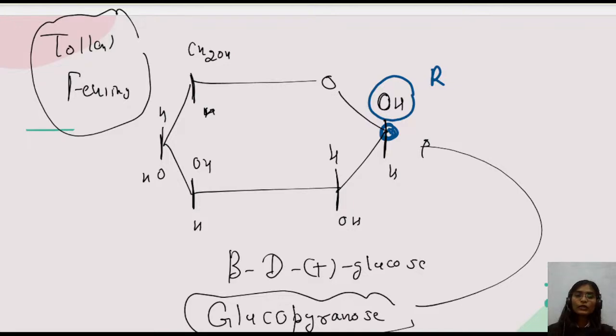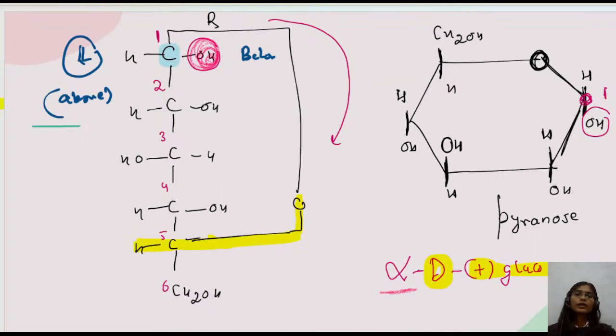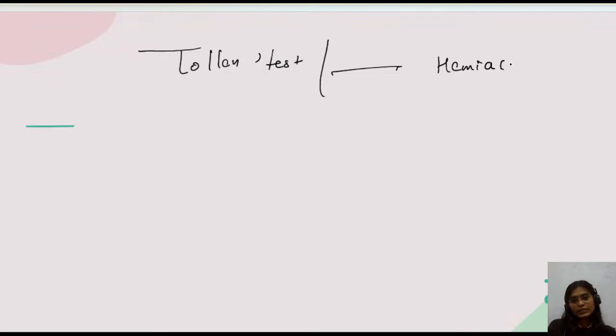Okay, so what we just discussed in the cyclic structure, the CO group forms a hemiacetal, right? Just observe one more time. If you recall the previous classes, the Tollens test or Fehling test is given positive by hemiacetal as well.